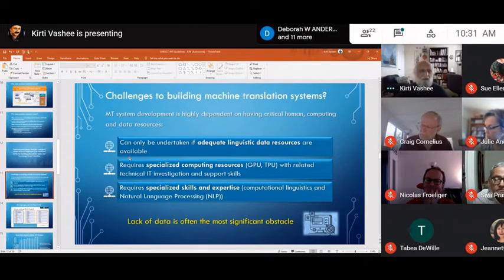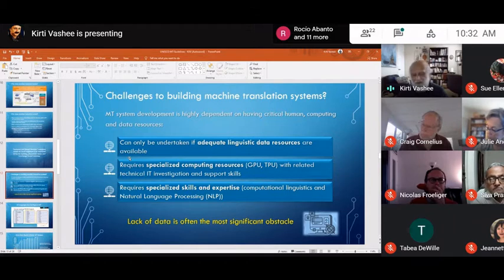And so in addition to the data, you also need specialized computing resources, not just standard PCs. You need what are called GPUs and TPUs. These are just specialized, more expensive computers. And you need people who understand the science of machine translation, and these are people with computational linguistics backgrounds or what is called natural language processing backgrounds.